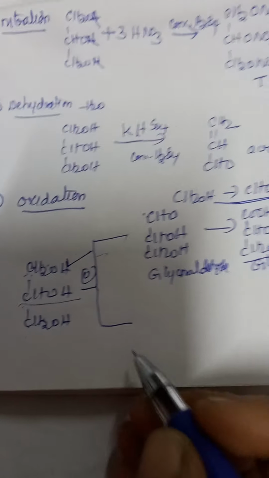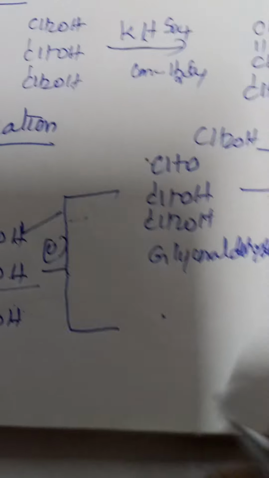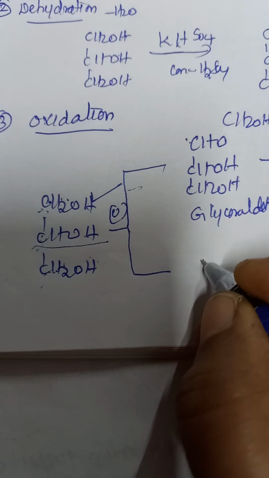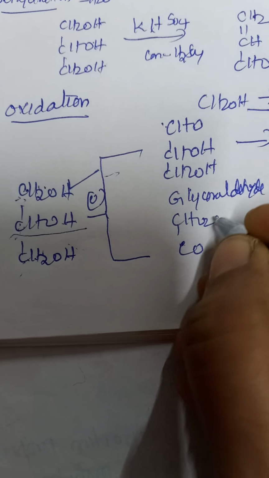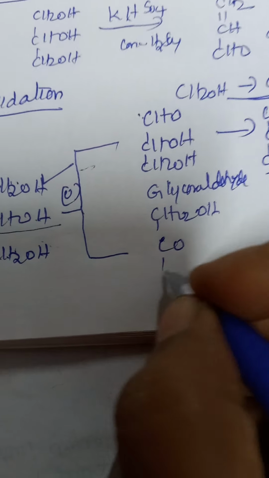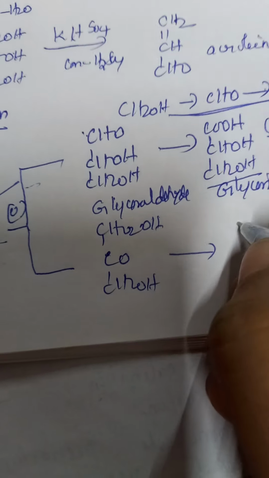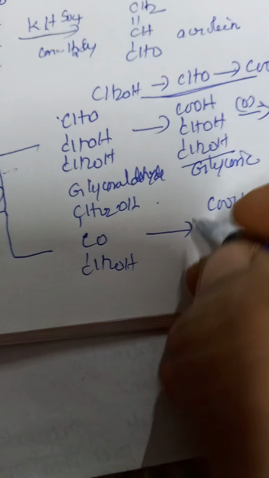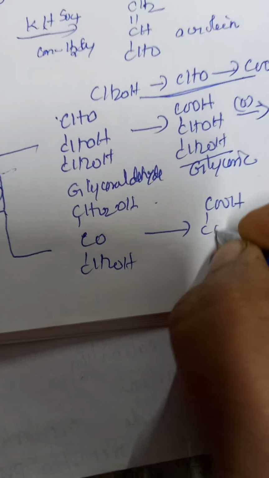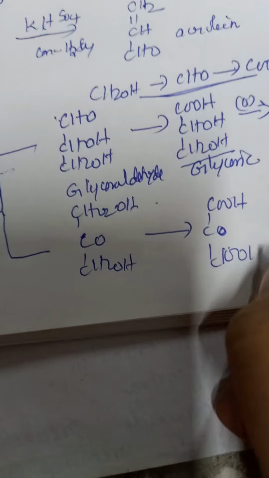And another step: the secondary alcoholic group is converted to a keto group, then with prolonged oxidation the remaining groups are converted to an aldehyde, then acid, giving COOH.